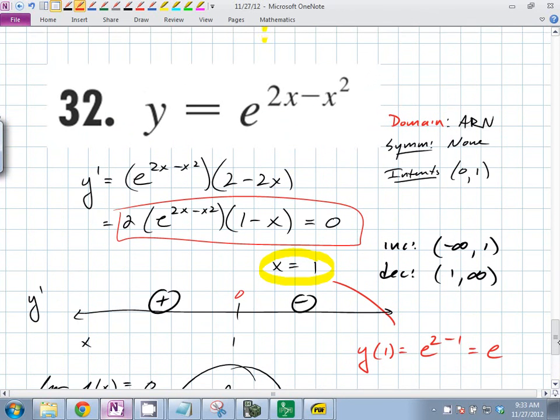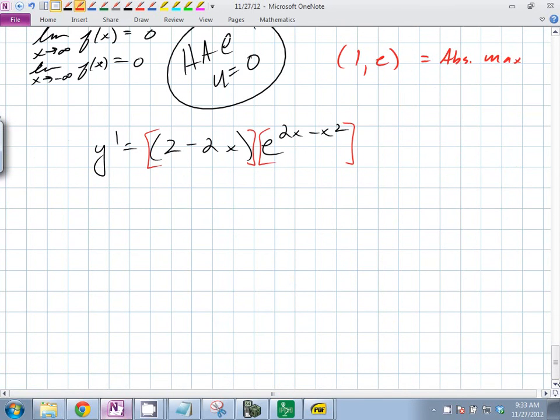Yep, it's okay. So let's take the derivative right here. You ready, kids? Use the product rule. So y double prime, what's the derivative of the first? Just negative 2, right? Negative 2 times e to the 2x minus x squared, plus 2 minus 2x times e to the 2x minus x squared times 2 minus 2x.